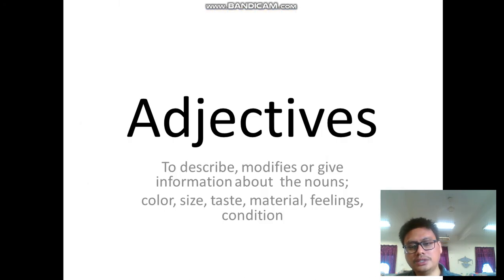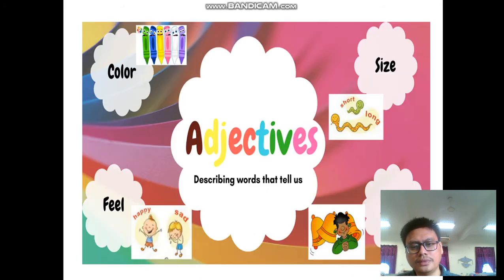Okay. Next we go to adjective. Adjective is to describe, modify, or give information about the nouns. This is what we did last week in trying to describe how horrifying the head of the scarecrow was. So usually we have color, size, taste, materials, feelings, condition, and so on.